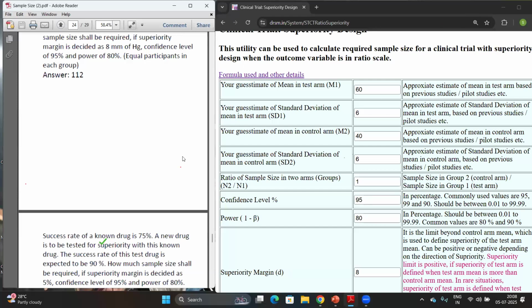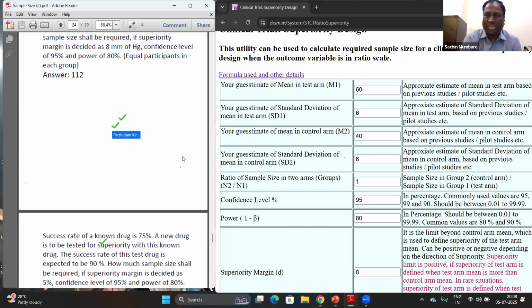If it is a reduction in blood pressure, how much reduction does the clinician consider clinically relevant? Say a reduction of 10 mm of Hg. So it is a decision based on the experience of the researcher and the minimum reduction he wants, which will bring a clinical change in the patients.